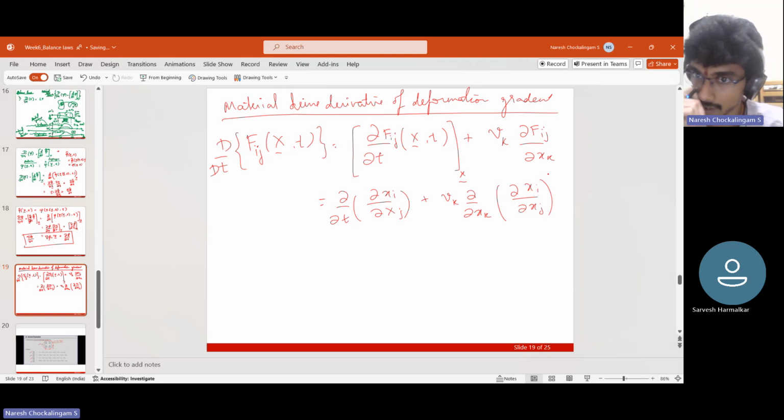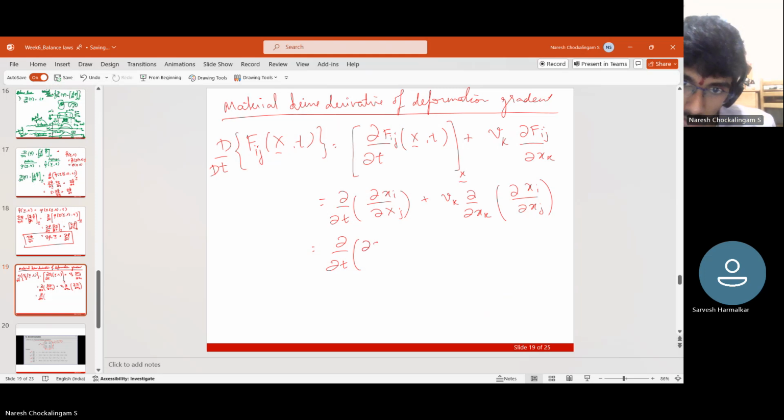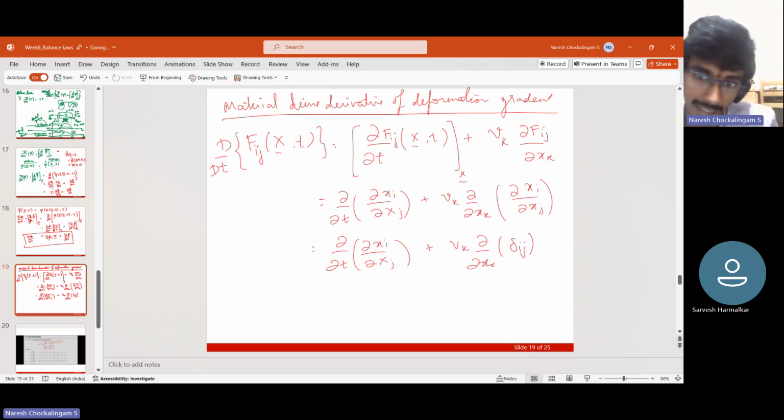The spatial gradient of itself is nothing but delta ij. So we have dou by dou t of dou xi by dou capital Xj plus Vk dou by dou xk of delta ij. But delta ij is a constant. It takes the value either 1 or 0 depending on whether i is equal to j or i not equal to j. It doesn't have any x dependence, so this is 0.